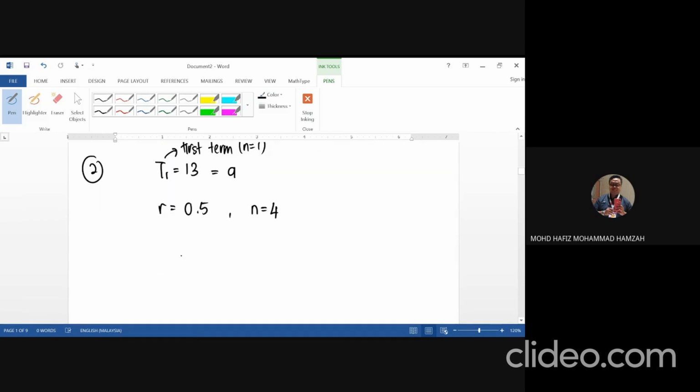So we want to find Tn equal to AR to the power of n minus 1.